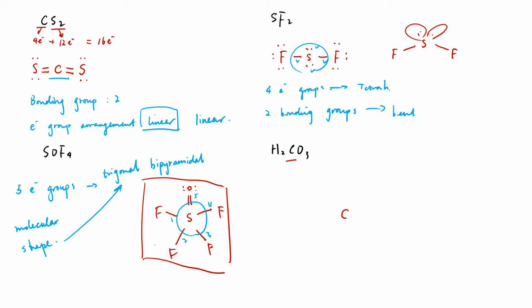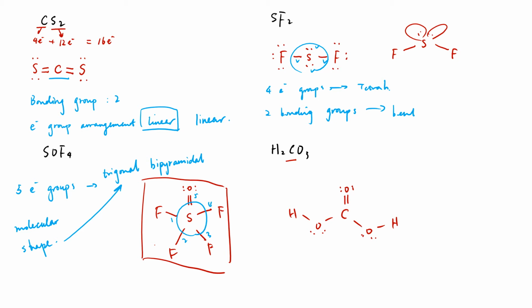It has 3 oxygen around it, and then this oxygen has 1 hydrogen connected to it, and these 2 oxygen have 2 lone pairs. This oxygen has 2 lone pairs. That's the Lewis structure for the last one.